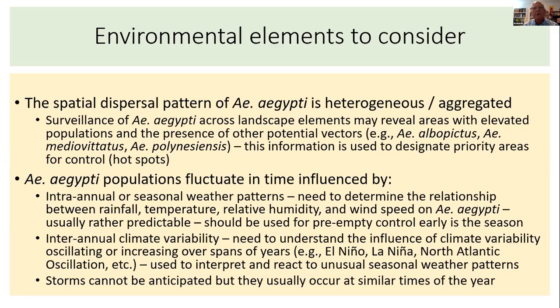Identifying those hotspots is critical to the success of a vector control program that is aimed at preventing outbreaks. The other important component is that we need to understand how populations of Aedes aegypti fluctuate in time, both in the intra-annual or seasonal pattern and the inter-annual climate variability. And of course, storms are also a very important event, but we more or less know when they happen so we can prepare.